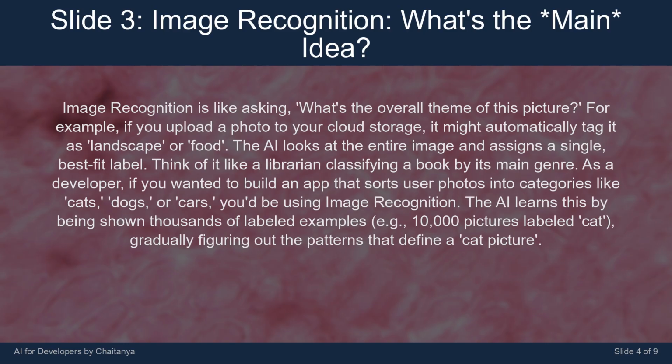As a developer, if you wanted to build an app that sorts user photos into categories like cats, dogs, or cars, you'd be using image recognition. The AI learns this by being shown thousands of labeled examples, e.g., 10,000 pictures labeled cat, gradually figuring out the patterns that define a cat picture.